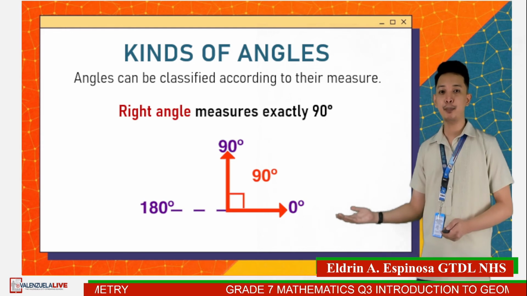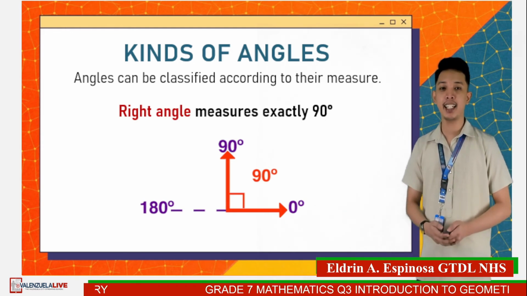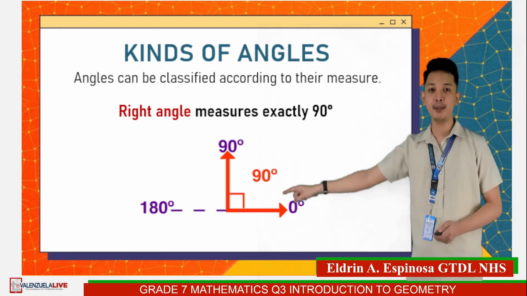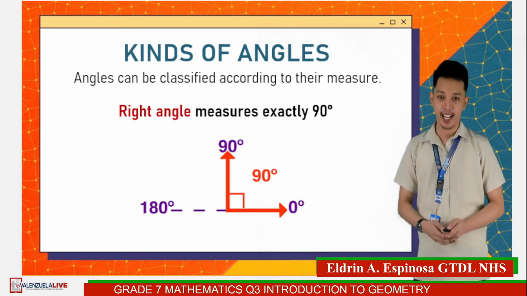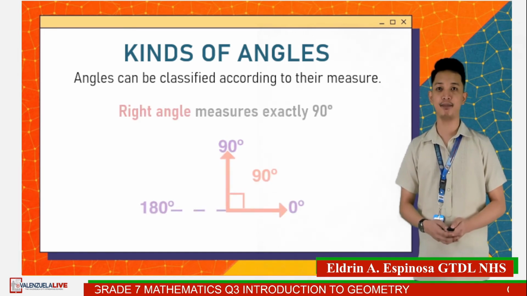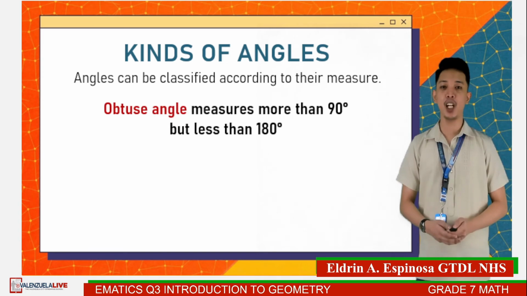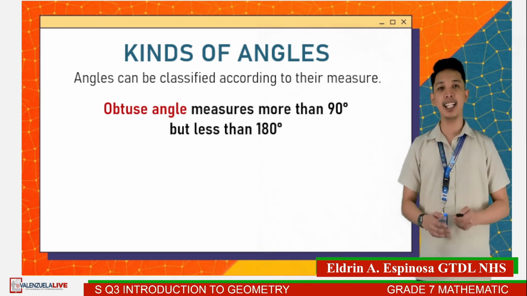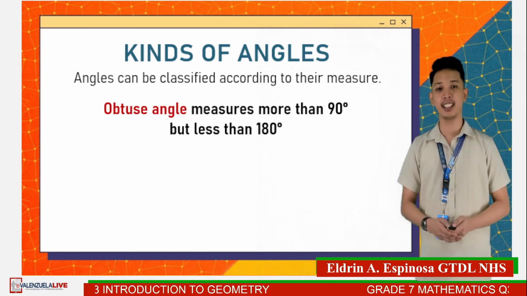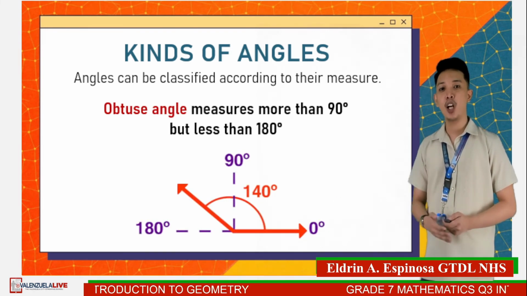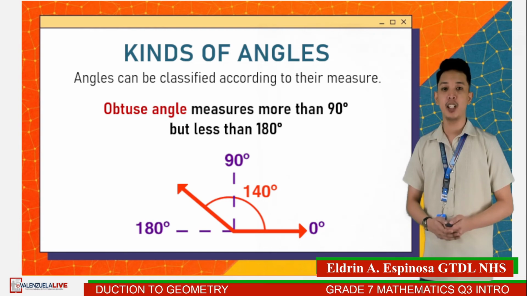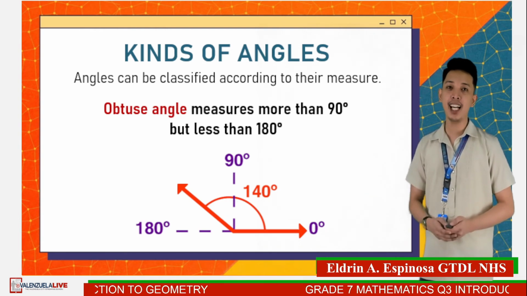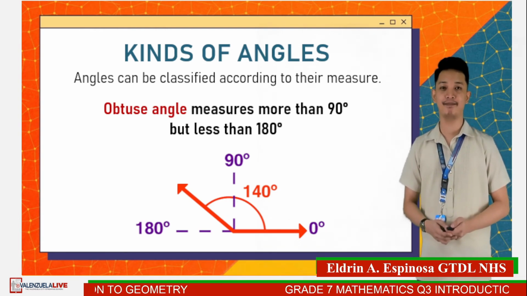This is an example of a right angle. We use this symbol to indicate a right angle. Next, an obtuse angle measures more than 90 degrees but less than 180 degrees. This is an example of an obtuse angle whose measure is 140 degrees.